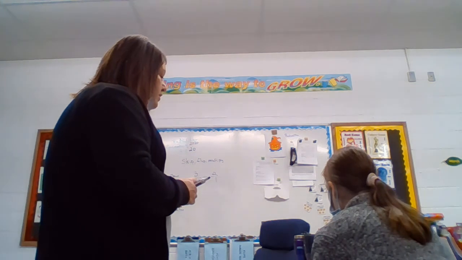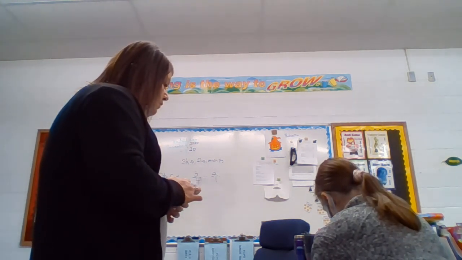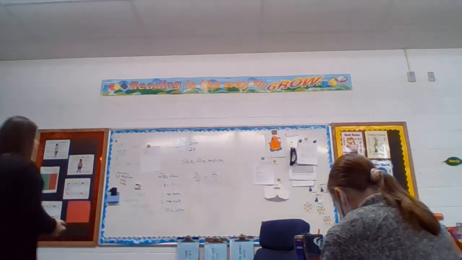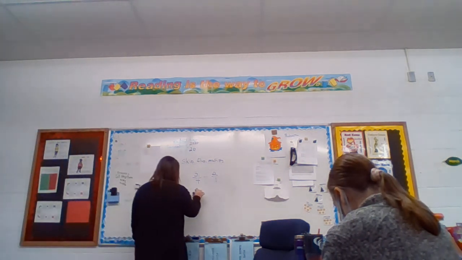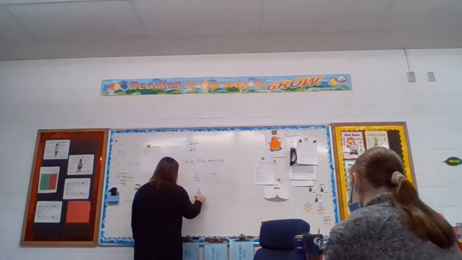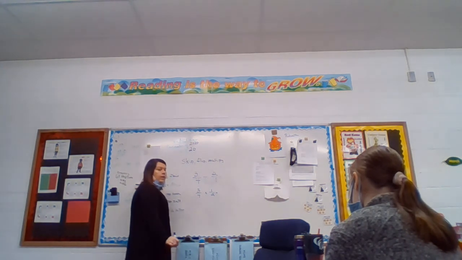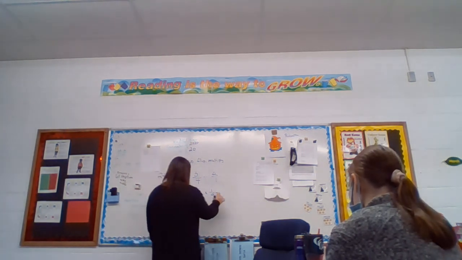What do we do with that division sign? We skip, flip, and multiply. So this division sign has to become a times, right? And then we can go ahead and multiply. So 3/4 times 1/2. So you work it out on your board, and we'll see if we match up here.